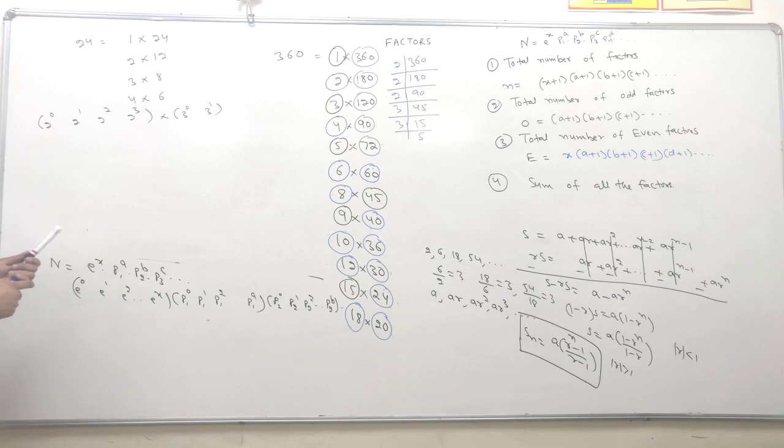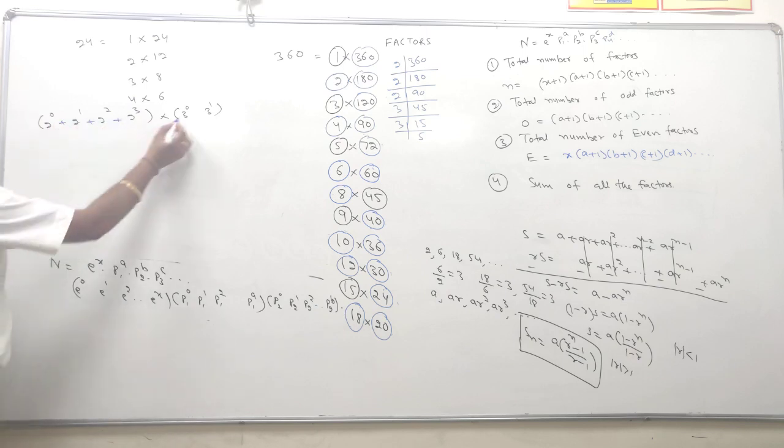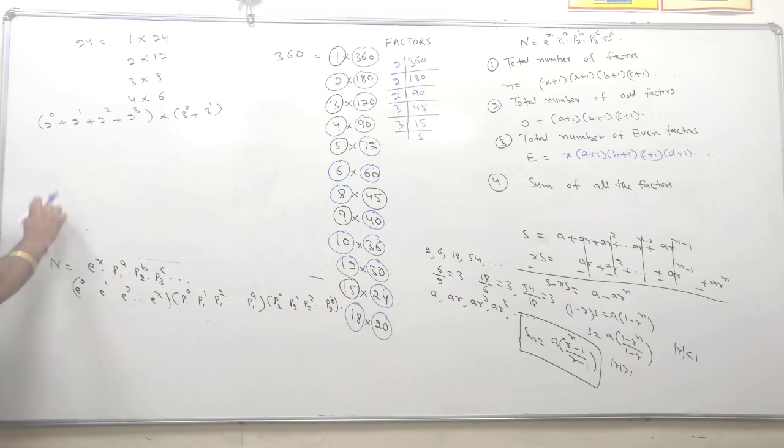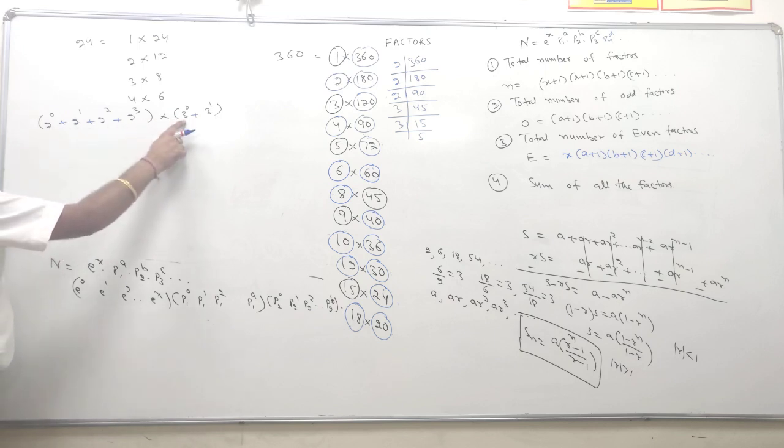What I am doing is, if I put a plus sign here in between them and a plus sign here, let us see what we are getting. 2 raised to the 0 into 3 raised to the 0, this is 1.